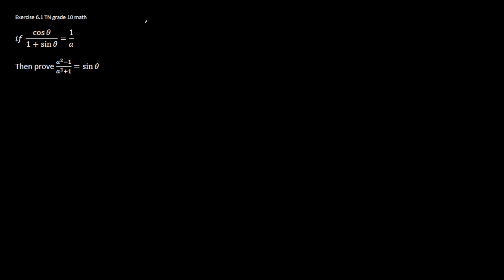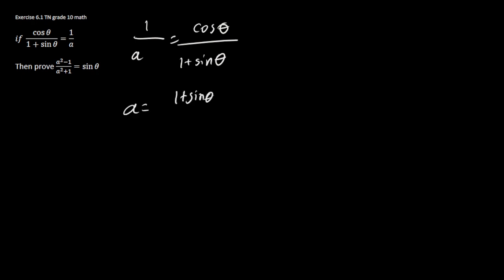So we know that 1 over a is equal to cos theta over 1 plus sine theta. And if we just take the reciprocals of both sides, we get that a is equal to 1 plus sine theta over cos theta. Alright? And if we square both sides, we get that a squared equals 1 plus sine theta whole squared over cos squared theta.